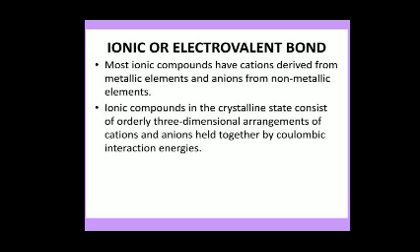Most ionic compounds have cations derived from metallic elements and anions from non-metallic elements. Two atoms are involved in formation of an ionic bond. One is a metallic atom, another one is a non-metallic atom. These ionic compounds have cations and anions.